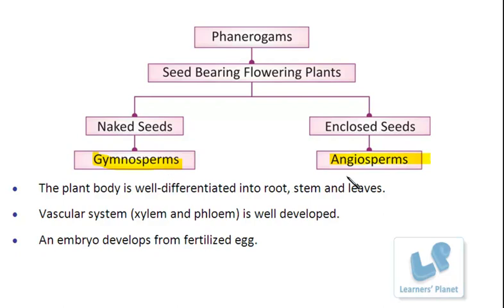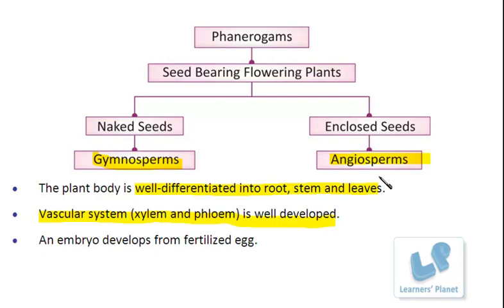Now besides these properties, that is having developed reproductive parts, they also have a well differentiated body comprised of well developed roots, stems and leaves. They also have a developed vascular system. Definitely this xylem and phloem is more developed in the angiosperms, and thus these are the topmost category, having the most developed plants.